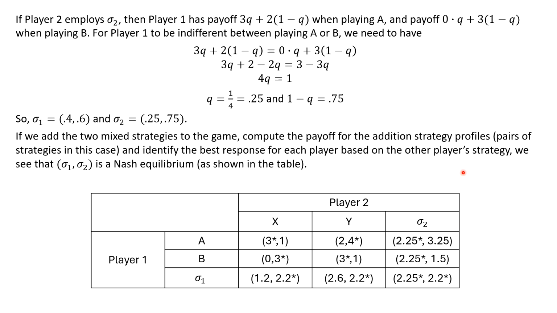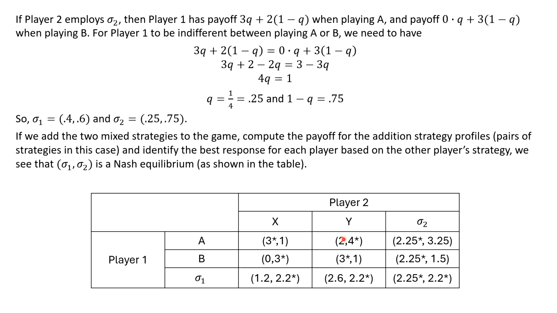And then the last step, the punchline, right, is we want to verify that we have a Nash equilibrium. So we go down each row. So what's the best play? If player 2 plays X, what's the best strategy for player 1? And that would be 3. So we put a star there.